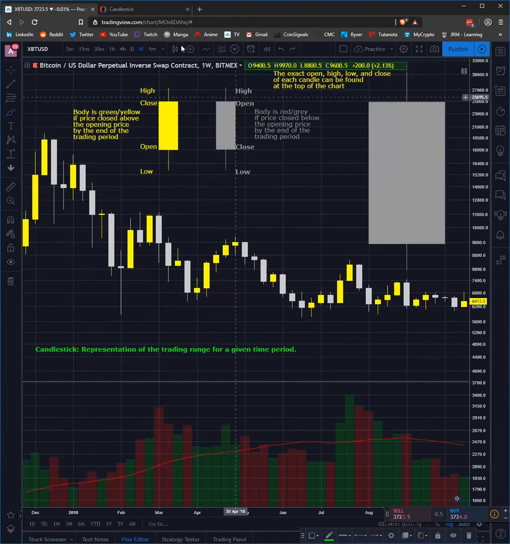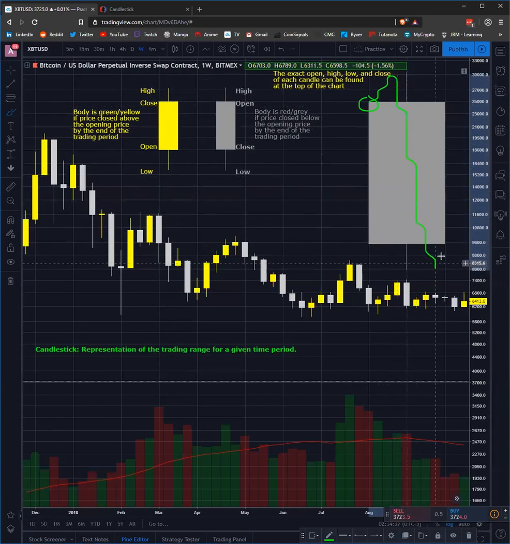It's always important to know your time frame, because let's think about this. This was the open, this was the high, this was the low, and this was the close. If you ask someone how they think price acted during this 7 days, most of them will say price started here and came up to the high and then went all the way down to the low before closing here.